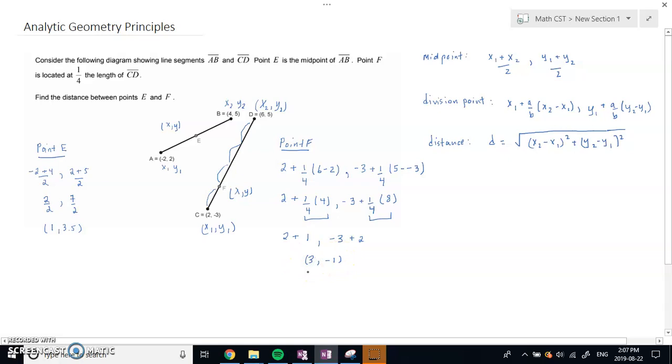So that's point F. So now we have point E and we have point F, and we want to know the distance of the line segment that would be created between them. So to do that, let's use our distance formula to find line segment EF.